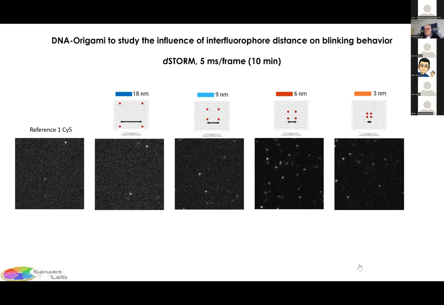But for the 6 and the 3 nanometer origami, we see at the beginning of the video super fast blinking during the first few seconds. And then after 5 minutes, there's almost no more blinking. The whole sample is really dead. There are no more blinking events. Partially, it doesn't even appear as blinking, it appears like flickering of the sample, but only through the first few milliseconds.